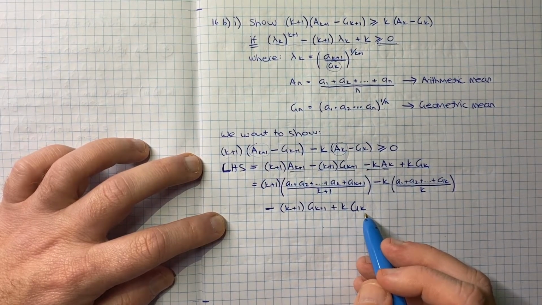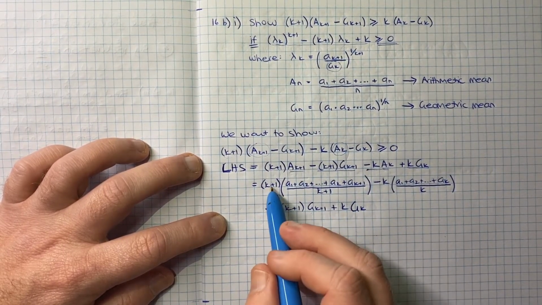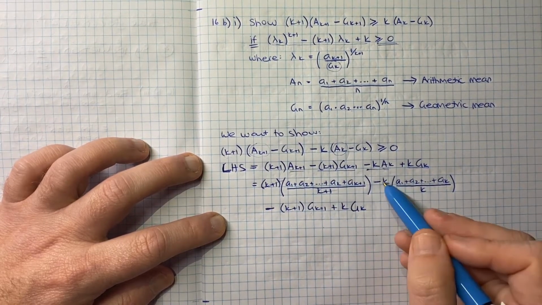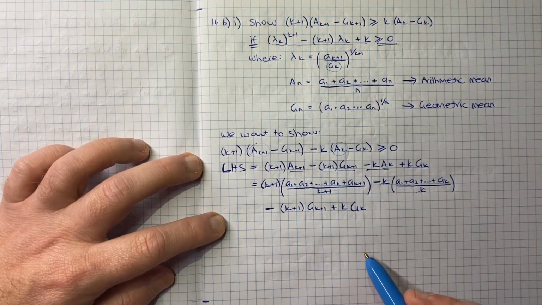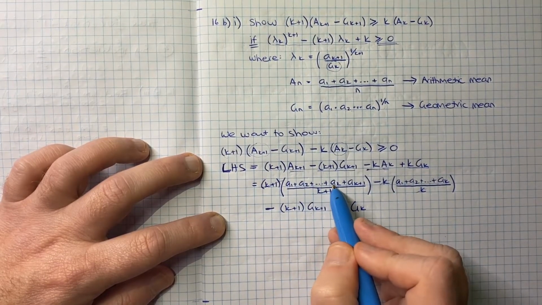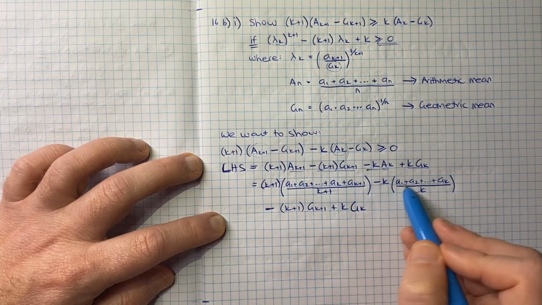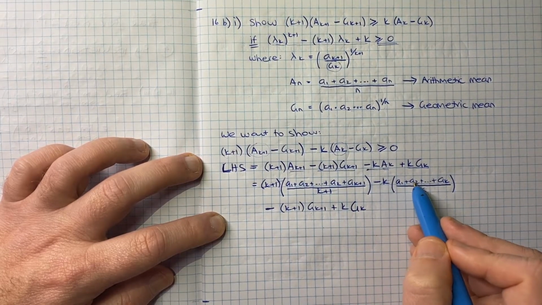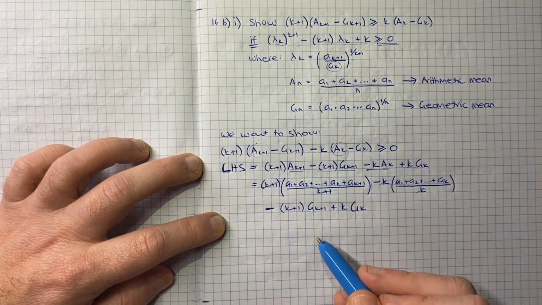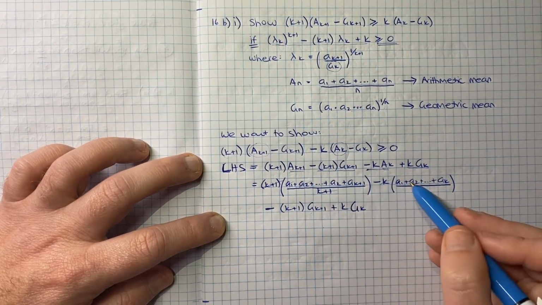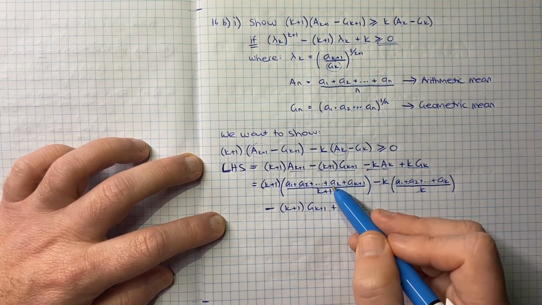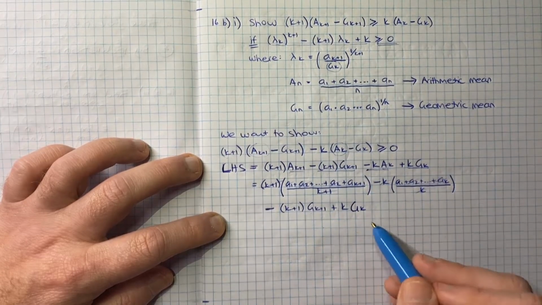But in terms of simplifying what we've got, this k plus 1 will cancel with this k plus 1, this k will cancel with this k, and then what we're dealing with is a_1 plus a_2 and so on plus a_k up to a_{k+1} minus a_1 minus a_2 and so on minus a_k. So the a_1 minus a_1 will cancel, the a_2 minus a_2 will cancel, and everything in between will cancel all the way up to a_k minus a_k.